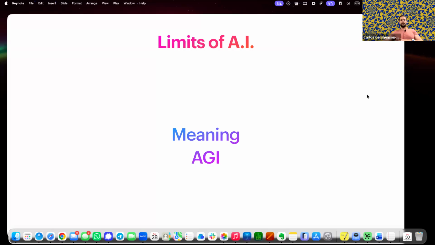So they manipulate the Chinese characters and produce an output, and the output is correct, but the English person has no idea what happened. So Searle would say, well, machines are in a similar way producing right answers. They have no idea of what they did.